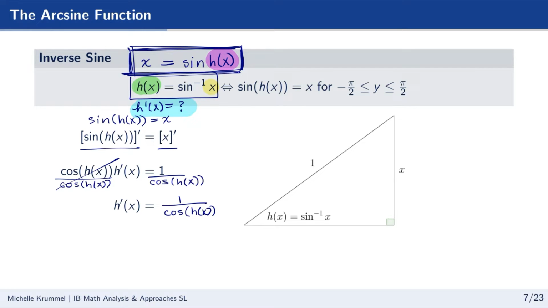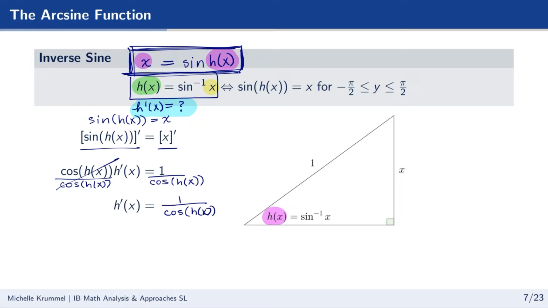And when you take the sine of an angle, what you get is the ratio of the length of the side of the right triangle opposite that angle to the hypotenuse, right? So we know that h of x is an angle, and that's why I'm labeling this angle as h of x.